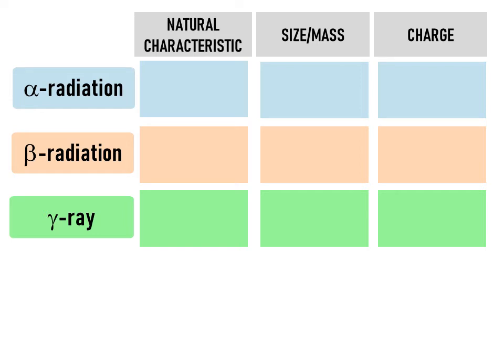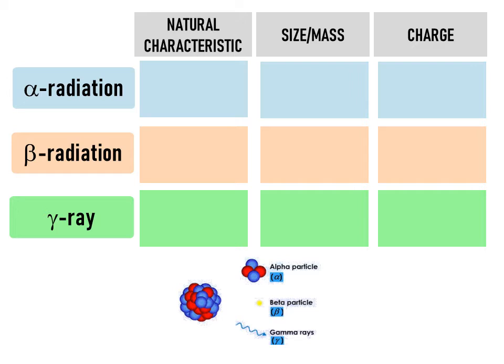Let's look into the differences between alpha radiation, beta radiation, and gamma ray in terms of their natural characteristic, their size or mass, and their charge. Based on the diagram, we can see that an alpha particle is made of 2 protons and 2 neutrons, which is identical to a helium nucleus.